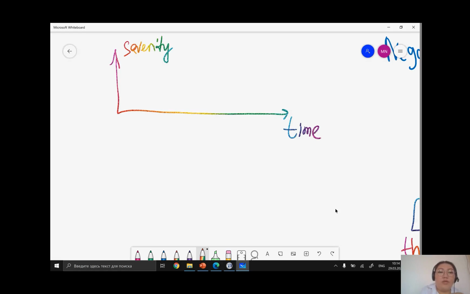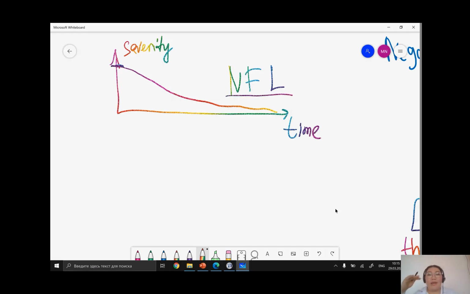First of all, the stimulus was right here, and due to the time of action of the negative feedback, it will decrease. So that's the action of the negative feedback loop. You can see that it negates the consequences. Don't forget about it, okay? It negates the consequences.